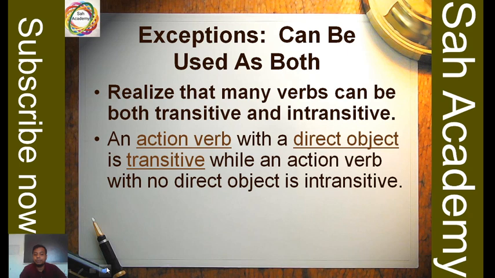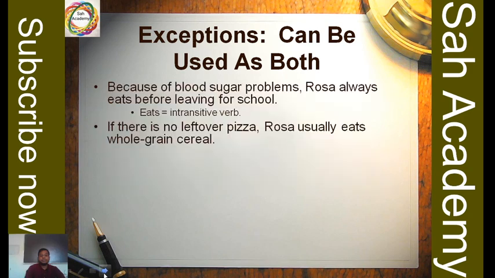Now look at the sentences. Because of the blood sugar problems, Rosa always eats before leaving for school. Here eats is an intransitive verb. If there is no leftover pizza, Rosa usually eats whole grain cereal. In this, eats would be a transitive verb and cereal would be the direct object.